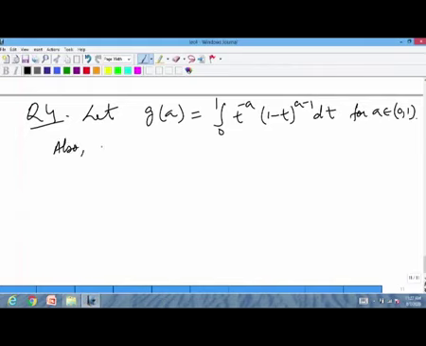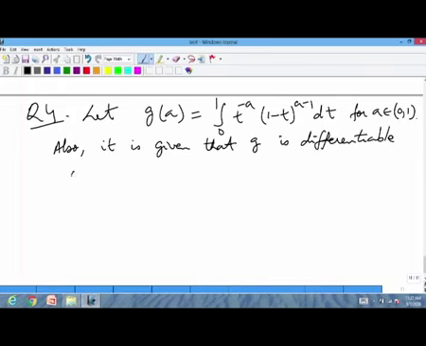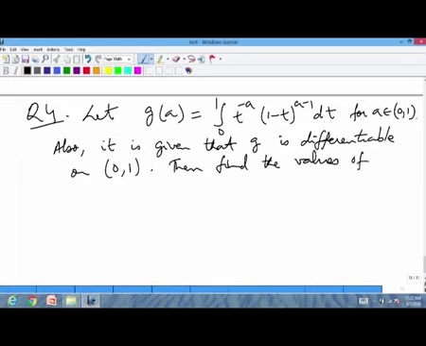Also, it is given that g is differentiable on the open interval 0 1, then find the values of g at half and derivative g prime at half.